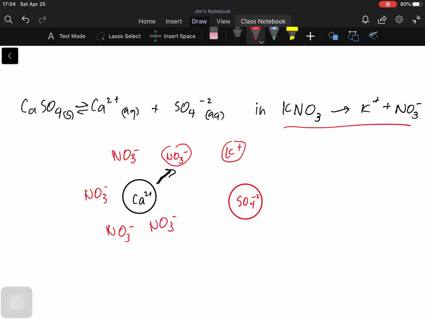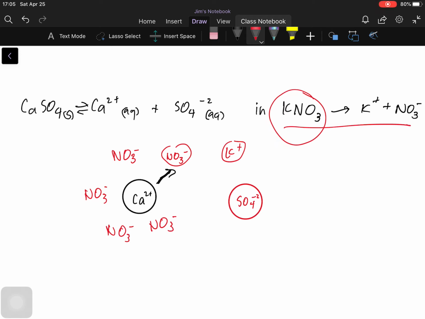So the presence of inert ions such as potassium nitrate floods the surroundings of your ions, let's say the calcium ions, which prevents them from combining with their original partners. So that's the idea.